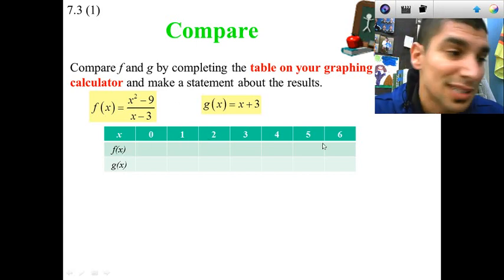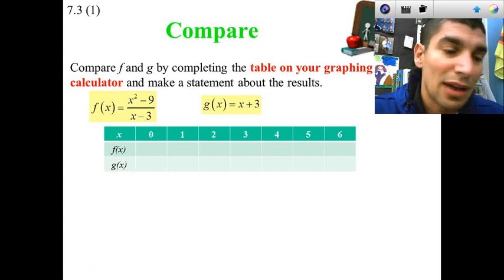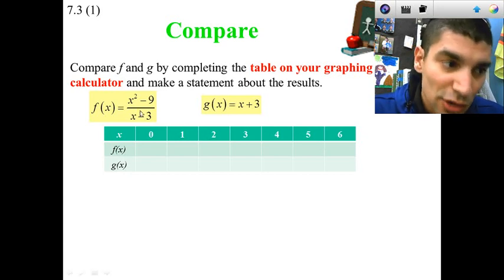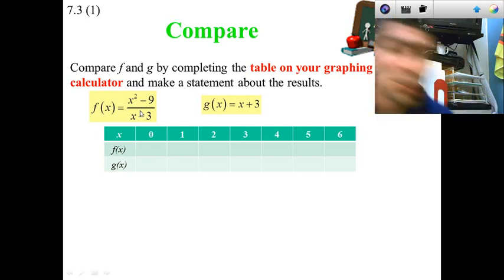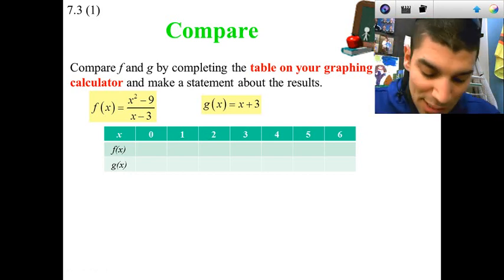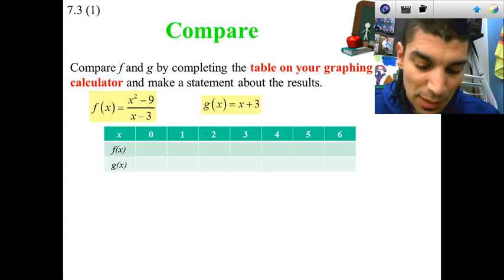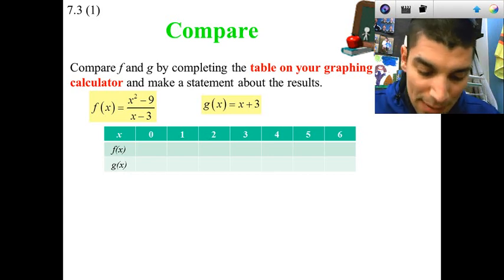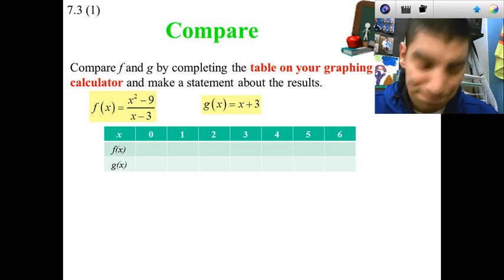I want you to get your graphing calculators out. If you need to press pause right now, go ahead. Everybody else, once you're ready, here we go.